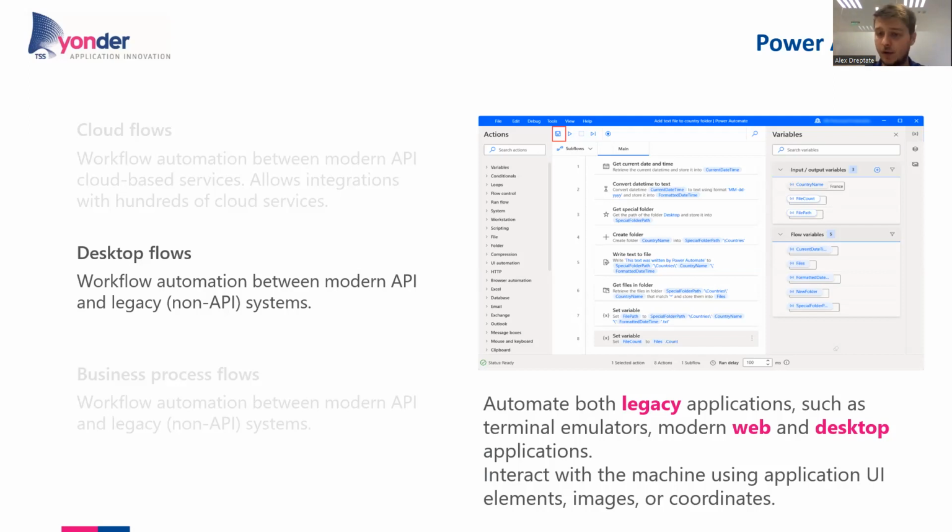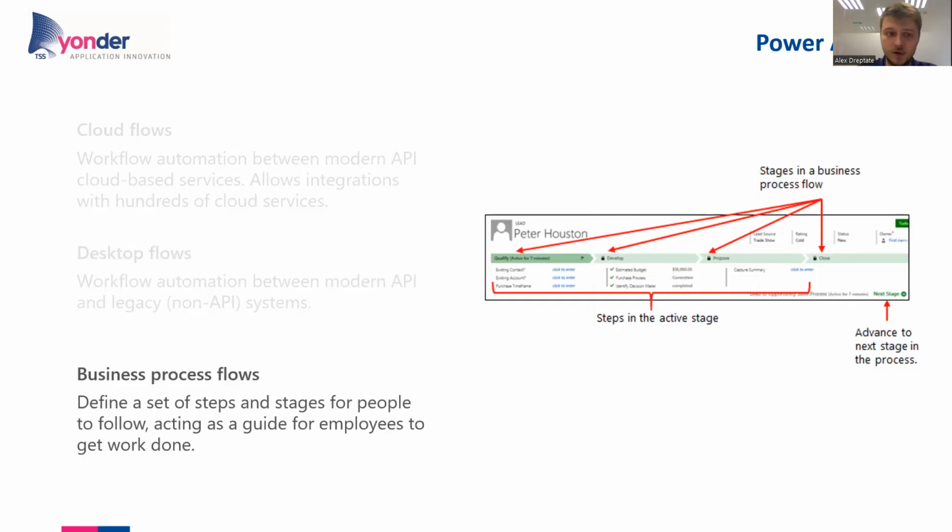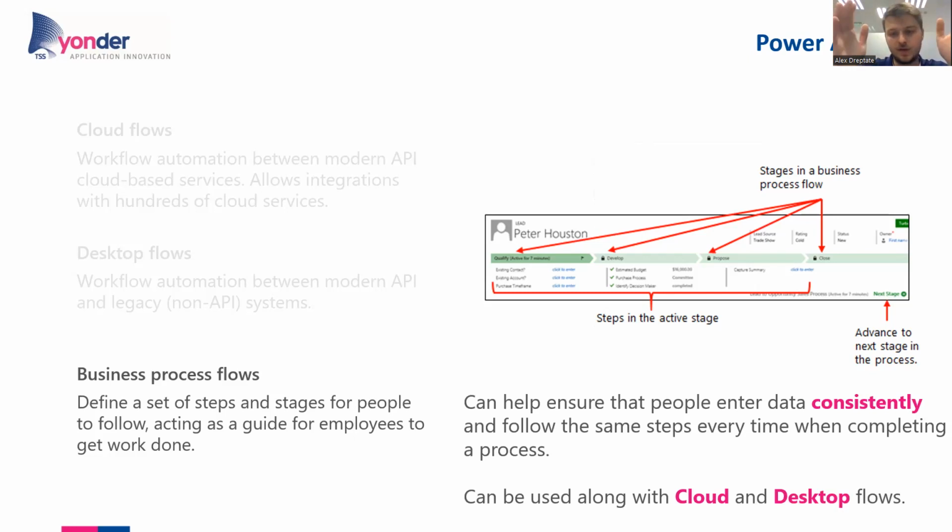And now for the last way of building robots, you also have the business process flows. Those are not really robots, but by using the process flows, you can come up with a way to ensure that people enter data consistently and follow the same steps every time when completing a process. So you can set the stages of a process, what roles are in that process, who should do what, and who should input data in which way.